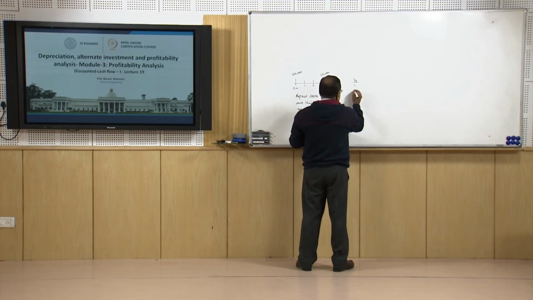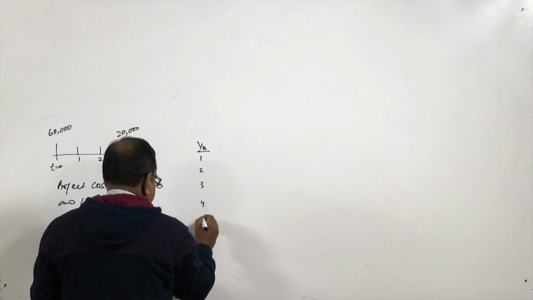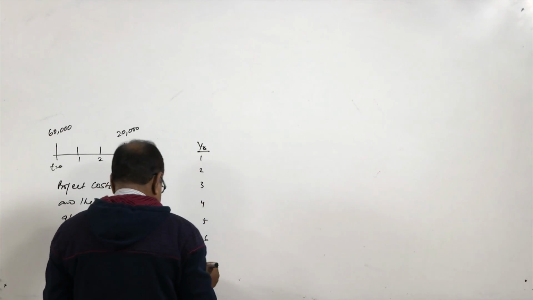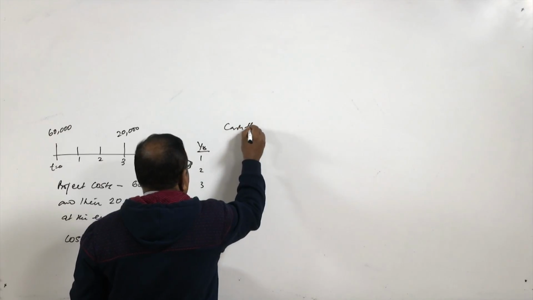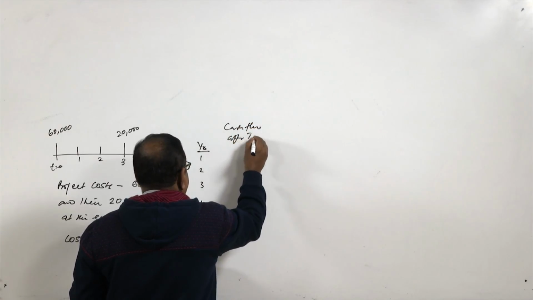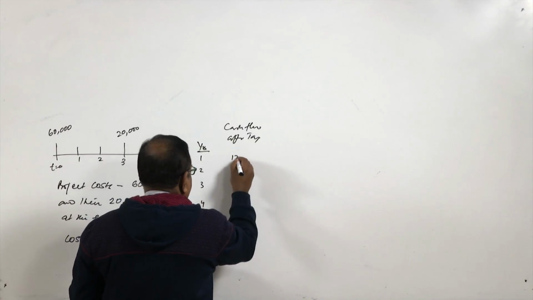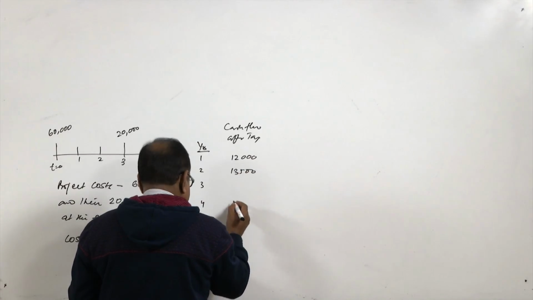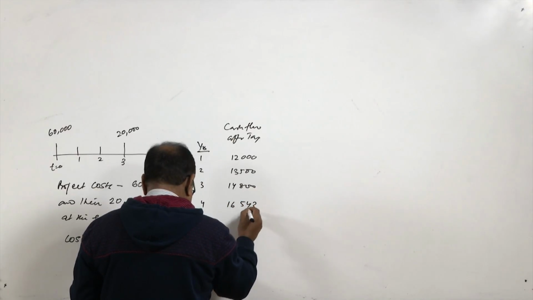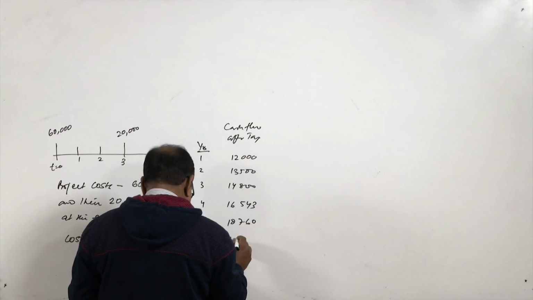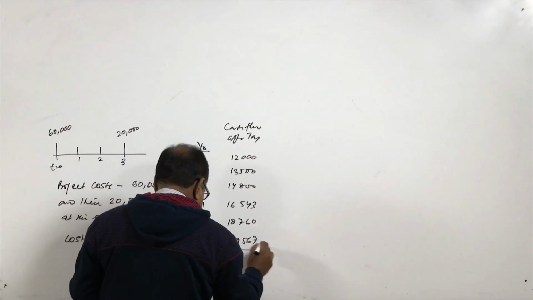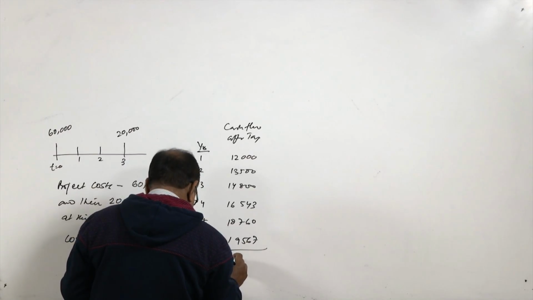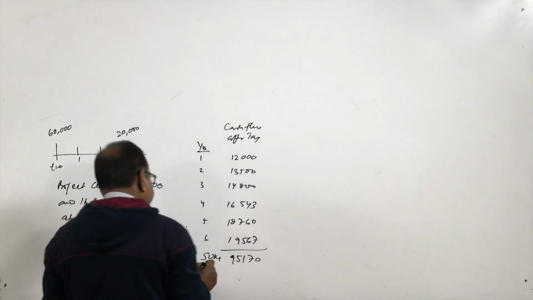Year 1, 2, 3, 4, 5, 6, cash flow after tax: this is 12,000, this is 13,500, this is 14,800, this is 16,543, this is 18,760, this is 19,567, and the summation of this is 95,170.